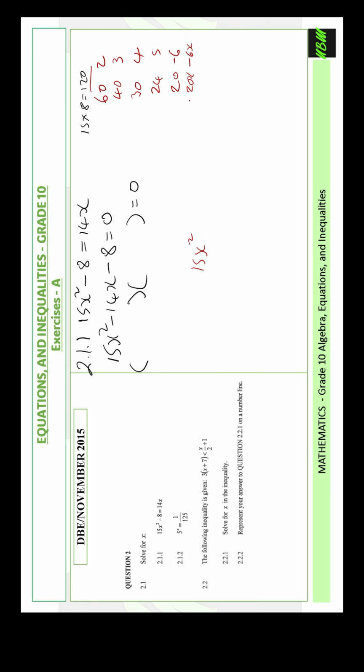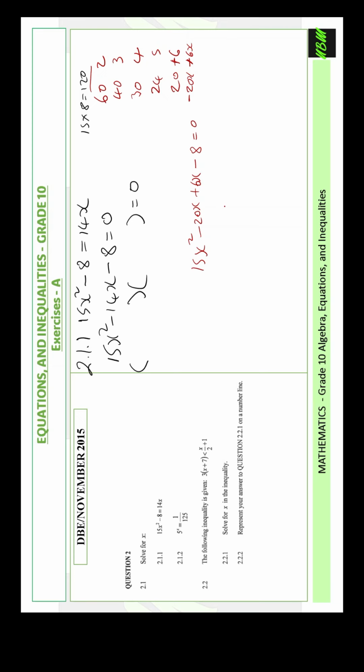Therefore, it should be negative 20x plus 6x. Therefore, 20 should be negative and 6 should be positive. Then we say minus 20x plus 6x. We replace negative 14x with negative 20x plus 6x, and we still have minus 8 equals 0.